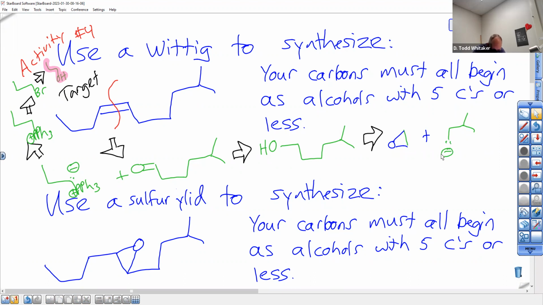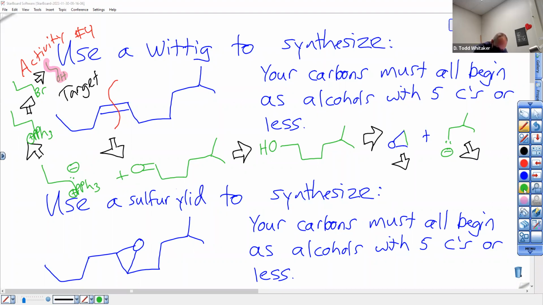C minus attacks one of the carbons. You break the bond to the O, you get an O minus on the end. O minus on the end becomes OH. And then you just have to say, I know how to make epoxides from, and you have to say, I know how to make Grignards or organolithiums from, and you better show you know what from.